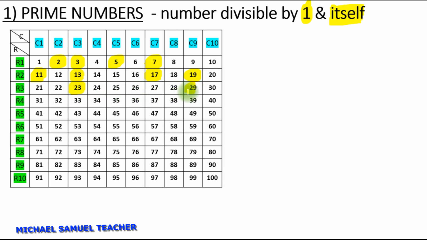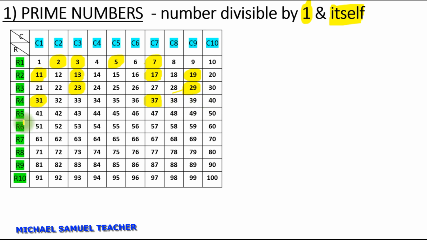Then we have 29 is a prime number. In row 4, we have 31, the only prime number, and 37 is a prime number. The others are not prime numbers because they have more than 2 factors, and not only 1 and itself.